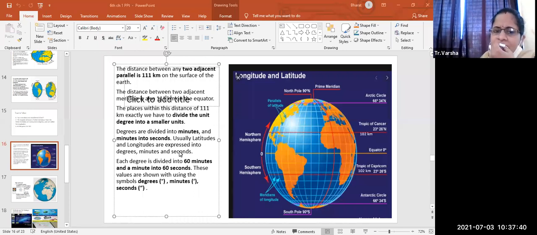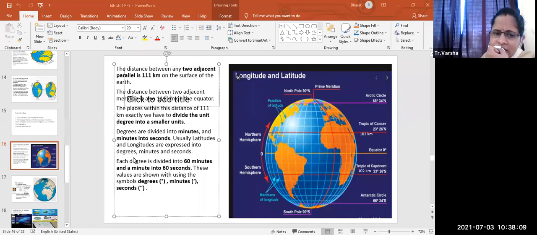Similarly here, for reading the degrees, degrees are divided into minutes and into seconds. Latitude and longitude are expressed in degrees, minutes and seconds. For reading any latitude and longitude together, we need to read the degrees as well as the minutes and the seconds.